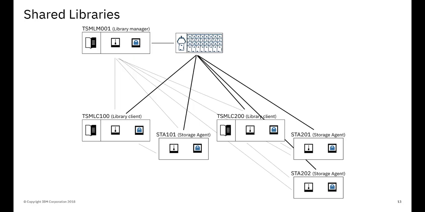You do have to crown one of your Spectrum Protect servers to be the library manager, and that library manager is then going to hand out permissions to the different library clients and storage agents to utilize the drives and volumes. The library managers and the library clients are connected via the define server commands, and then obviously you will define a library on the library client and let it know that it's being managed by a specific library manager.